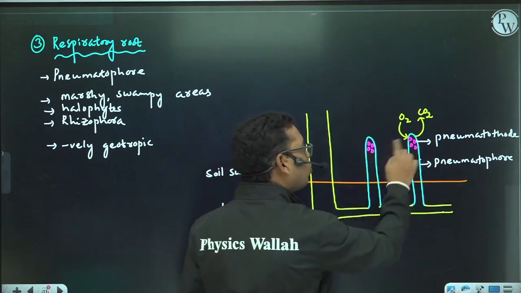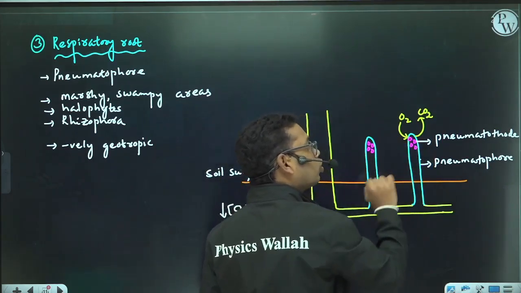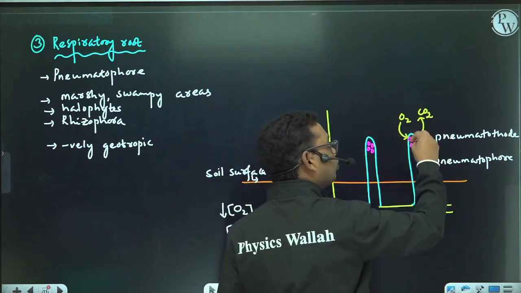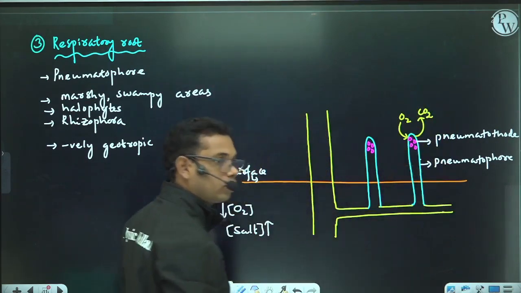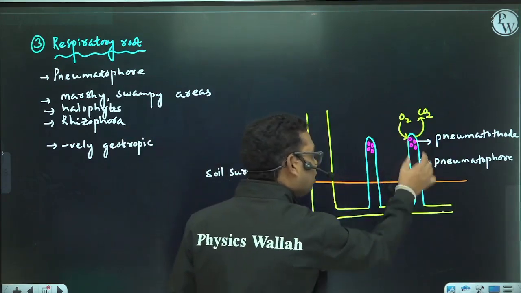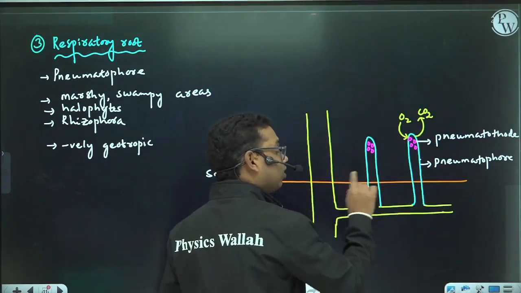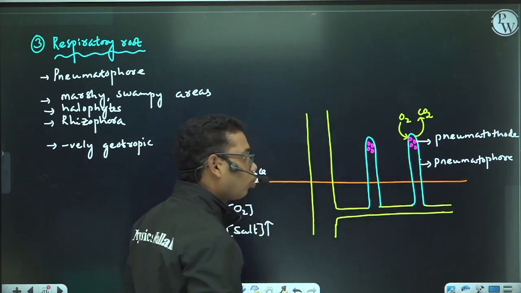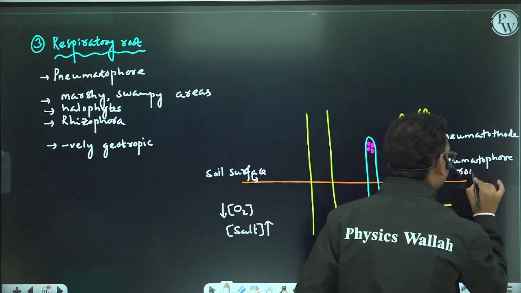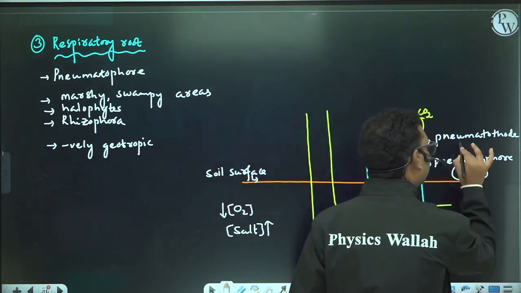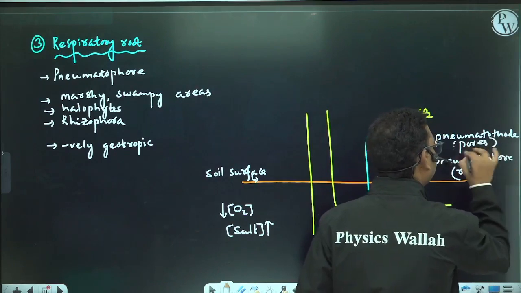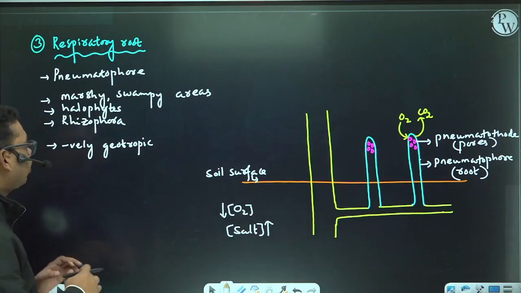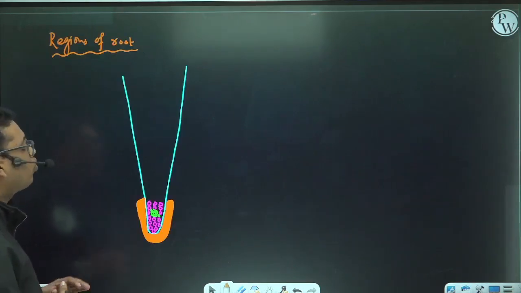At the tip of the pneumatophores, a number of pores will be there, and those pores will take up O2 from the atmosphere, and they will release CO2 from inside to the atmosphere. So the root is the pneumatophore, and the pores present at the tip are called pneumatothodes. So the root is pneumatophore, and the pores are pneumatothodes.